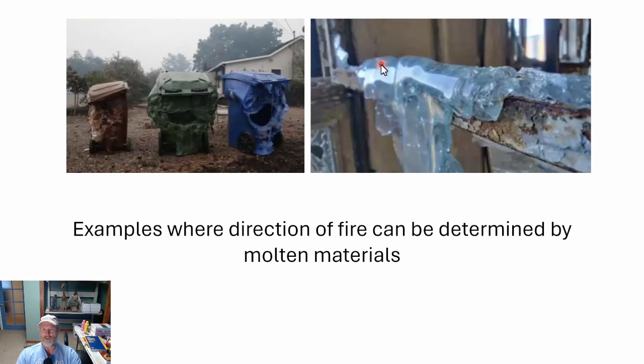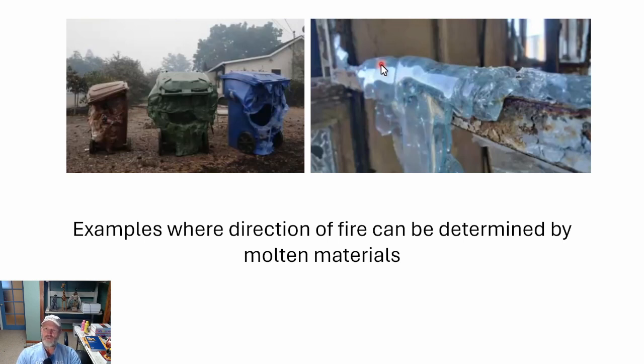For instance, look at these trash cans, shown in the left image. What that tells me is the fire obviously was in front of them, and it might have been quite a ways away, depending on how big the fire was. By identifying where the melt was in plastic, and how much melt occurred, it'll help you narrow down, if you have a large fire that surrounds plastic, where the more intense fire occurred.